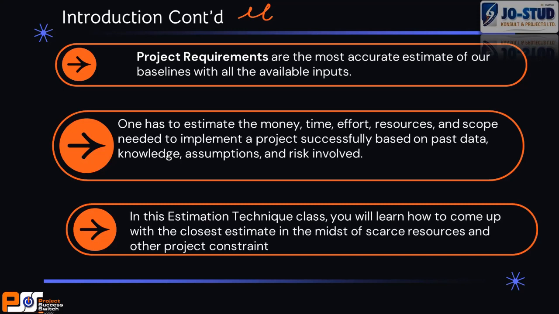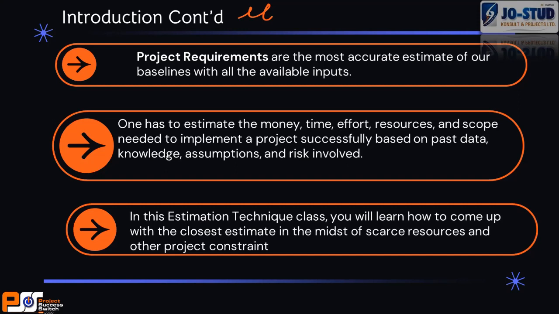So if you are able to achieve accurate estimates, it's easy for you to manage and deliver your project requirements, right? Now, one has to estimate time and all the efforts and resources needed to implement the project successfully based on past data, knowledge, assumptions, and risk.